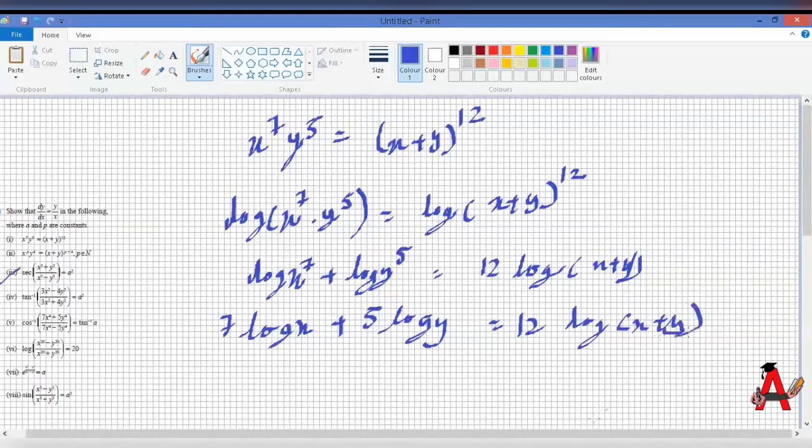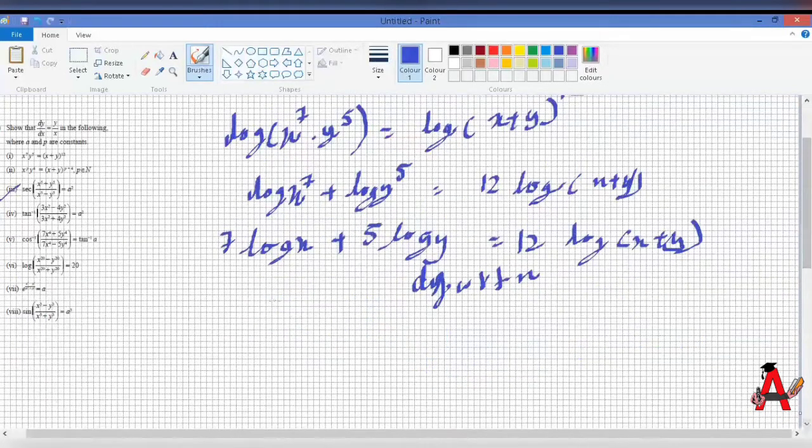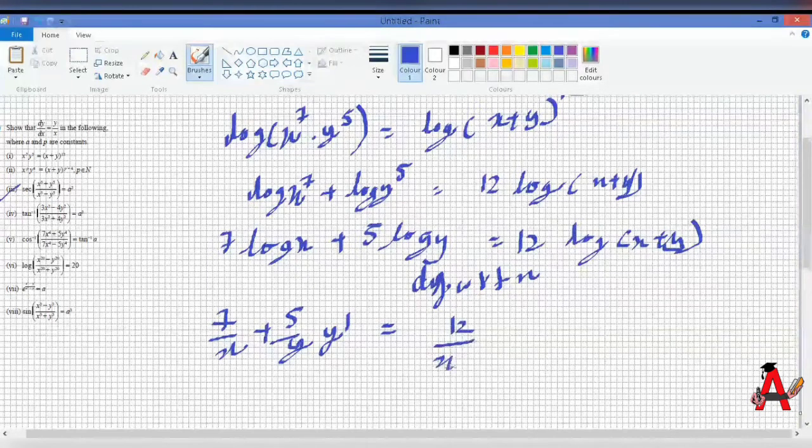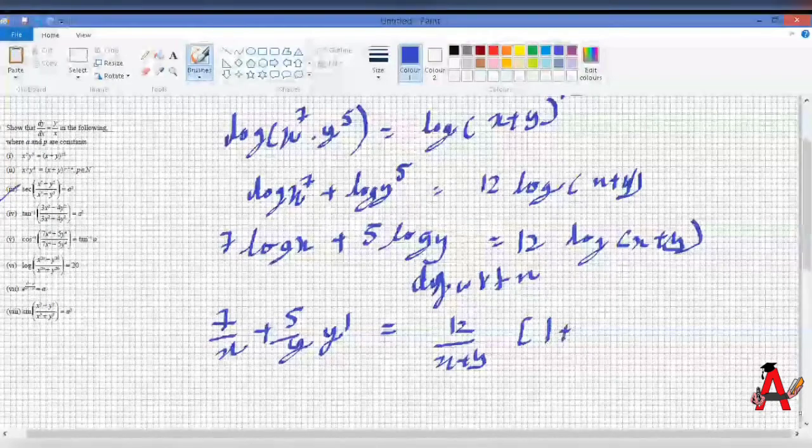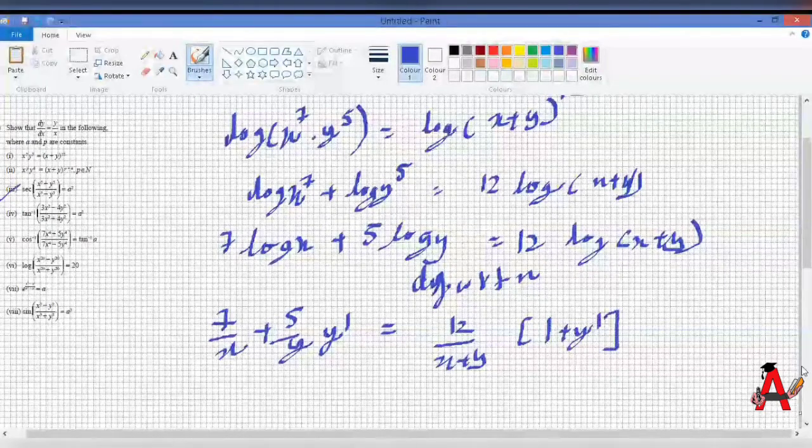What we need to now do is we have to differentiate this with respect to x. Now I differentiate this with respect to x. I will get 7 upon x plus 5 upon y dy by dx, and y dash is equal to 12 upon (x plus y) into derivative of x is 1 plus y is y dash.